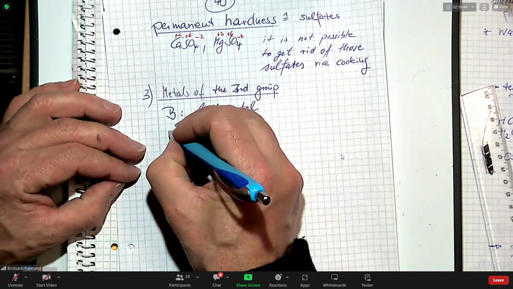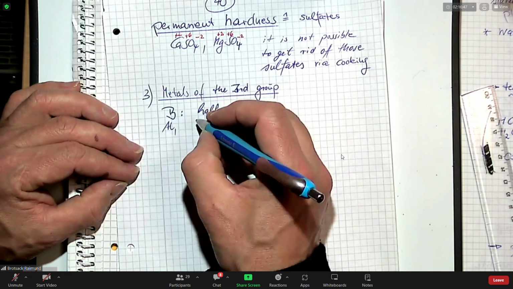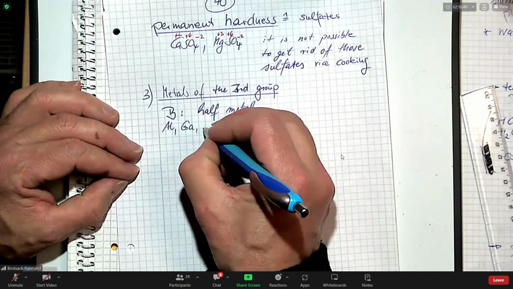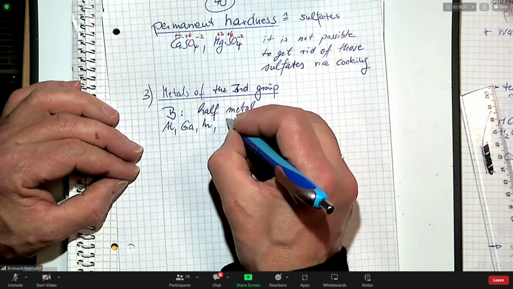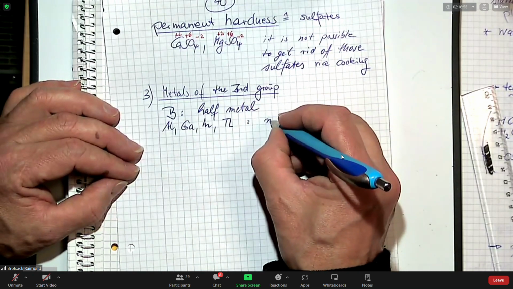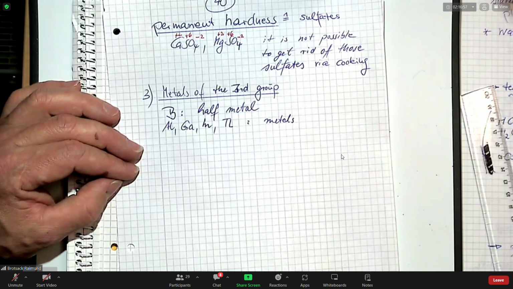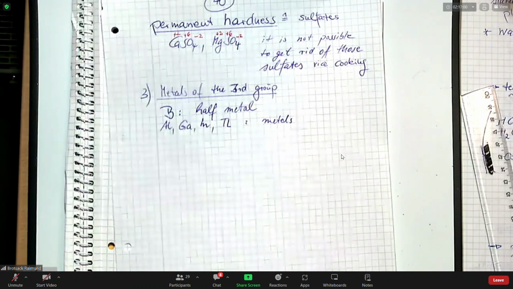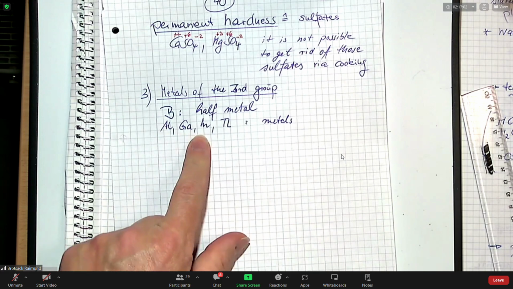And aluminium, gallium, indium, and thallium are metals. These metals here are not noble.